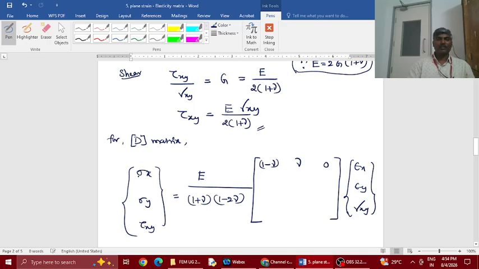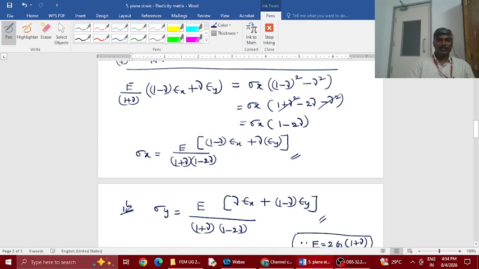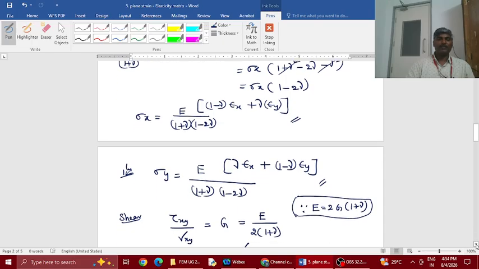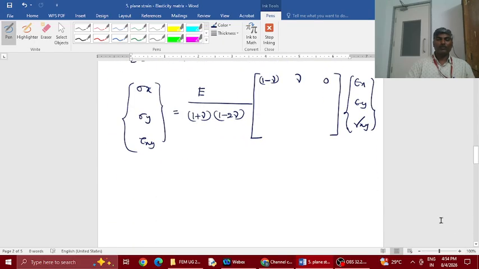Shear is not there in the first equation. Second equation, if you observe, the E by 1 plus nu 1 minus 2 nu common, nu into epsilon x, 1 minus nu epsilon y. Okay, so if you try write that, nu, 1 minus nu, shear term is 0.